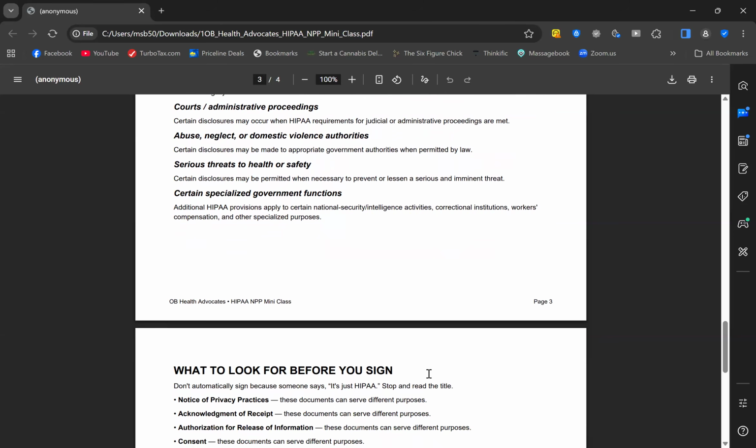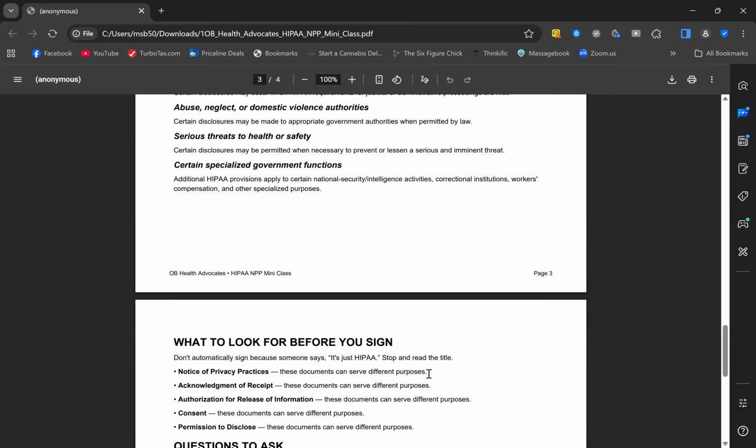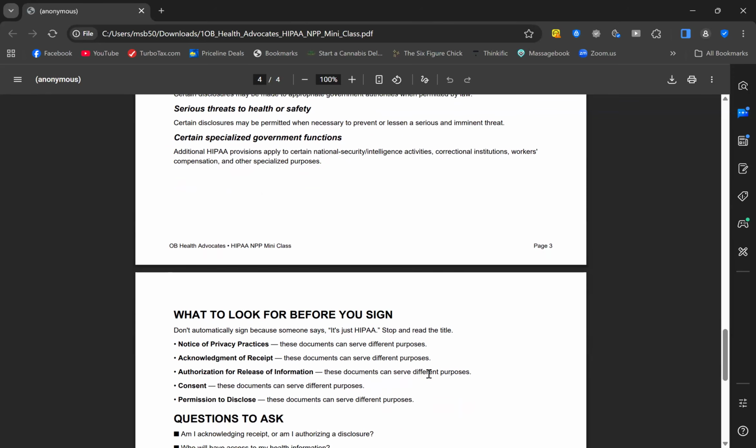Certain disclosures may occur when HIPAA requirements for judicial or administrative procedures are met. Abuse, neglect, or domestic violence authorities. Certain disclosures may be made to appropriate government authorities when permitted by law. Serious threats to health or safety. Certain disclosures may be permitted when necessary to prevent or lessen a serious or imminent threat.